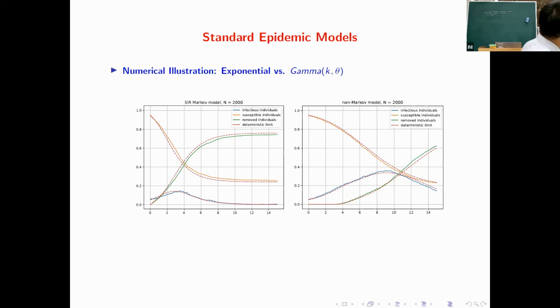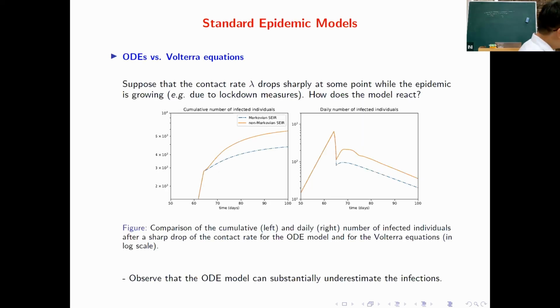To further illustrate this, suppose the contact rate drops all of a sudden at some time when the pandemic is growing, for example, because of lockdown measures, and then we compare these two models.